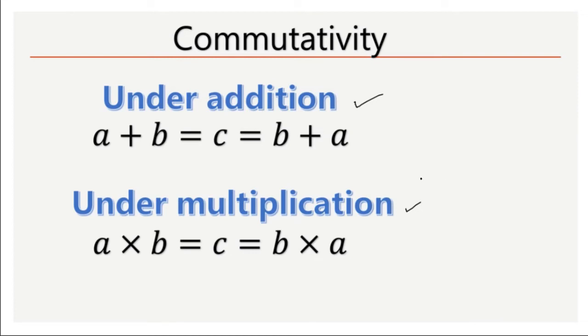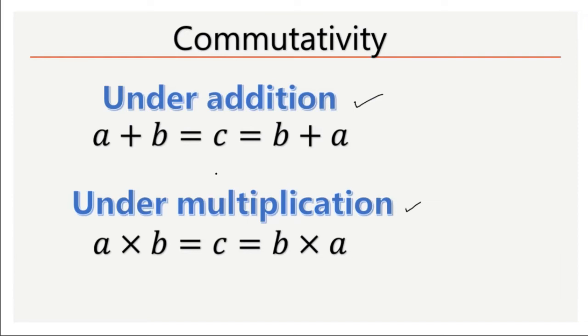The commutative property under addition says that the sum of any two numbers can be interchanged. A plus B, the sum becomes C, and the same sum will be obtained if I reverse the direction of addition. If B is added to A, we get the same sum.